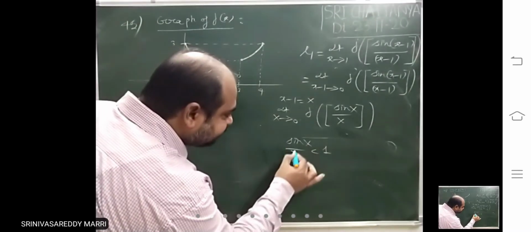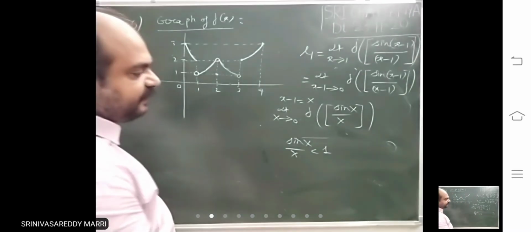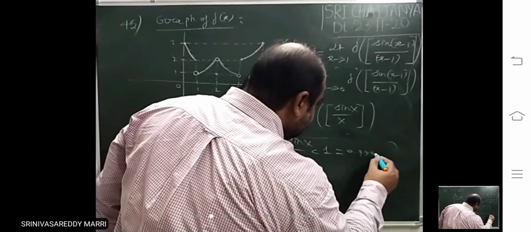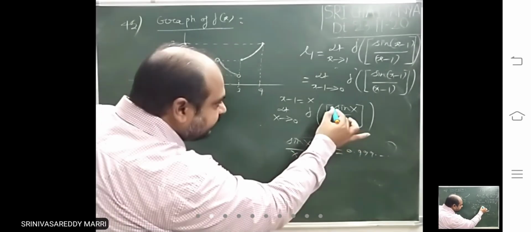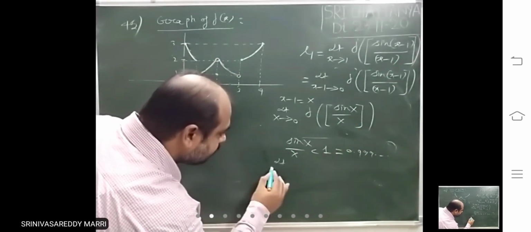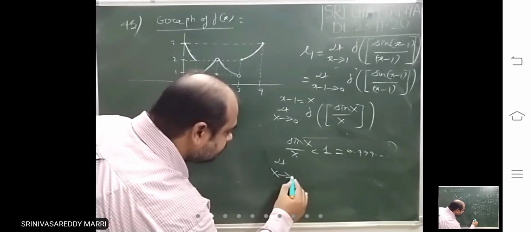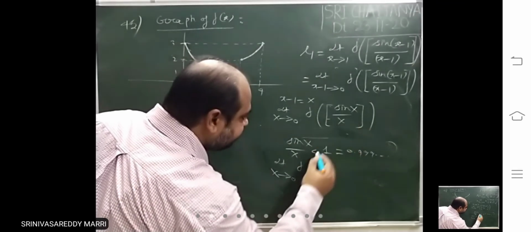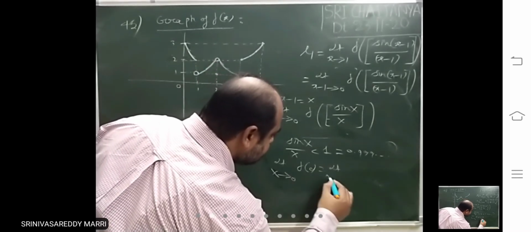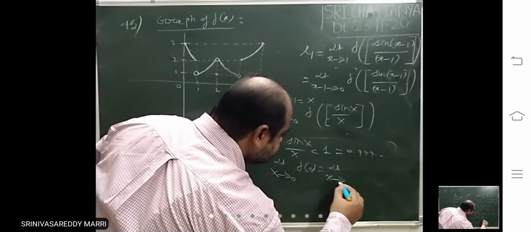Sine x by x will always be less than 1. That means it is like 0.999 and so on. So this value will become 0, and limit X tends to 0 of f of this value will become 0.